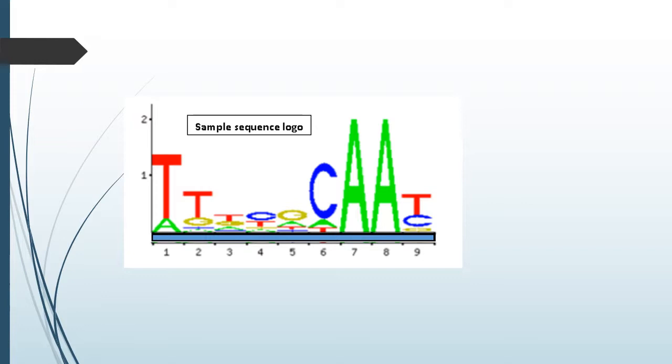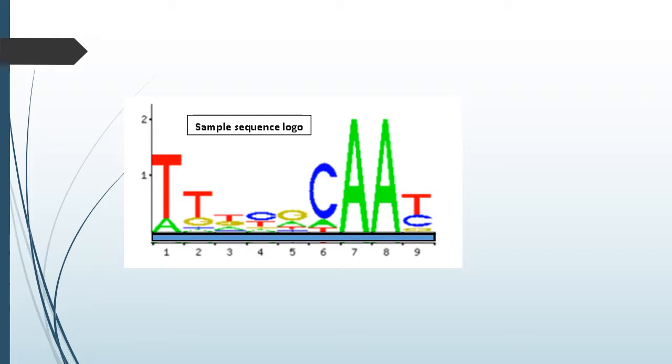Well, the total height of a logo position depends on the degree of conservation in the corresponding multiple sequence alignment column, so that very conserved alignment columns produce high logo positions.